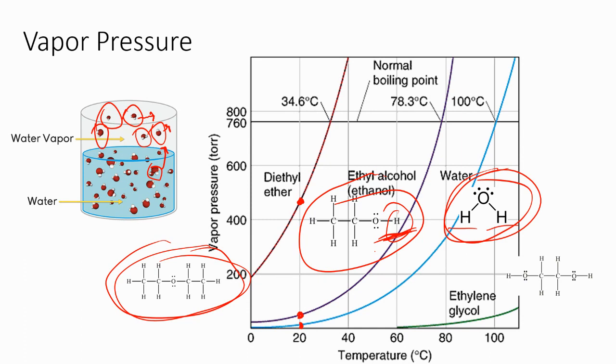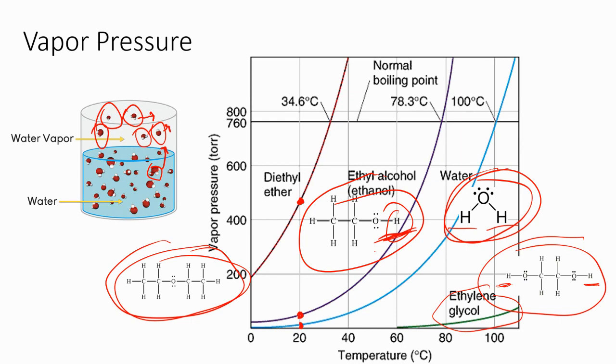Let's do one last comparison. Look over here in green, kind of the lowest of all of them. The one that has the lowest vapor pressure is a molecule called ethylene glycol. If I look at it, it doesn't look too much different than ethyl alcohol, ethanol. But unlike ethanol, it has the ability to make two hydrogen bonds, just like water can make two hydrogen bonds.